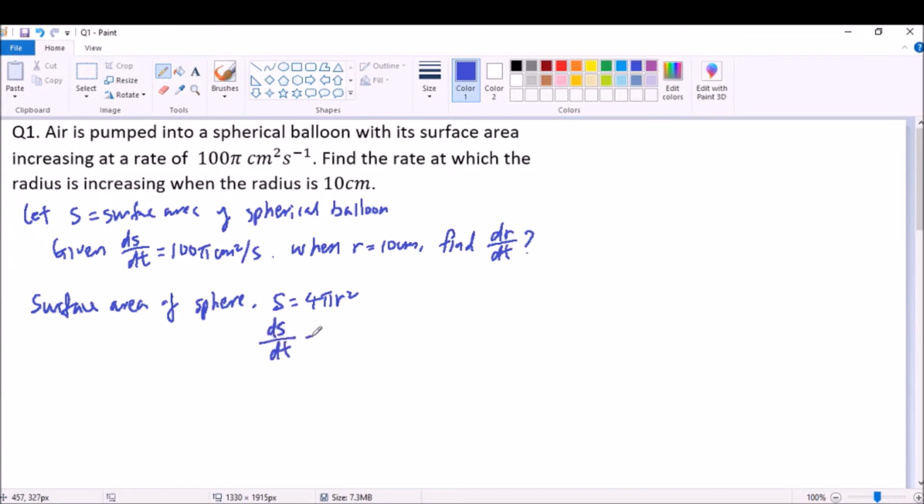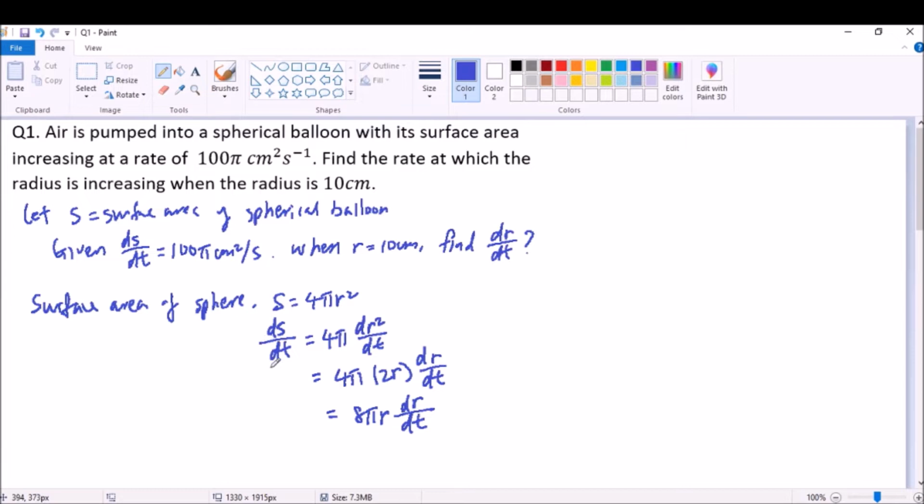We get 4 pi, and we differentiate r squared with respect to t, which is 2r dr over dt. So we have 8 pi r dr over dt.